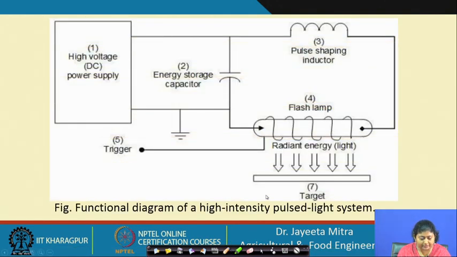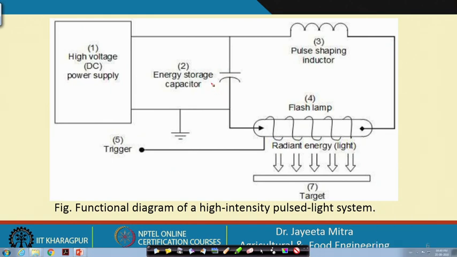So, this is the system. Here we have the high voltage DC power supply. We have a capacitor, an energy storage capacitor, that stores the energy, and when we apply the switch, the flash lamp here starts generating the intensity of the light from low to high, and a flash will be generated.